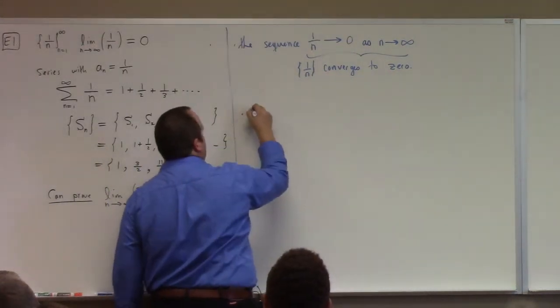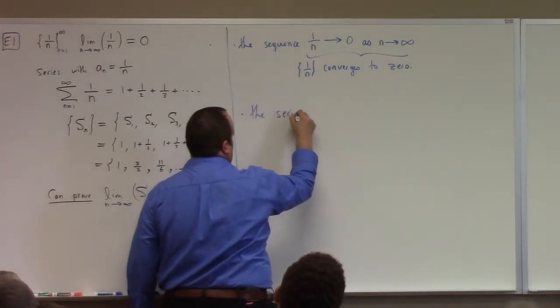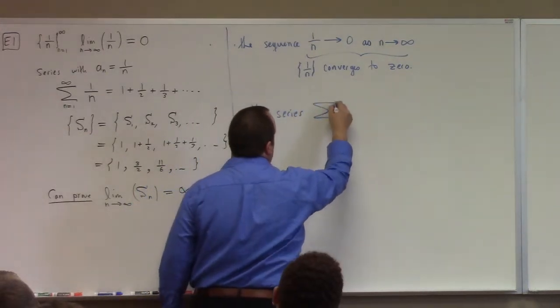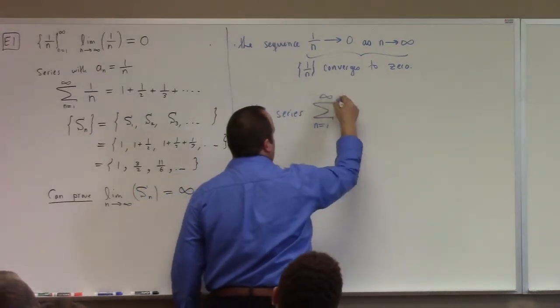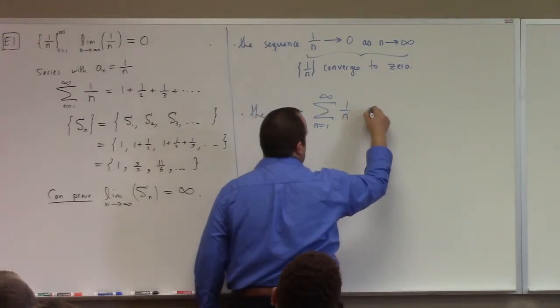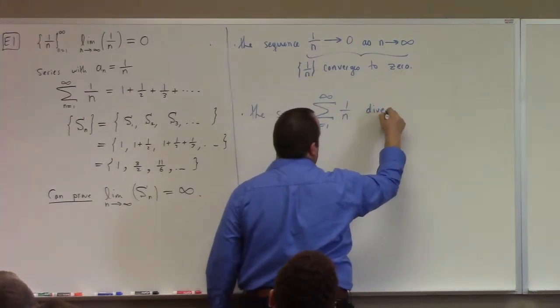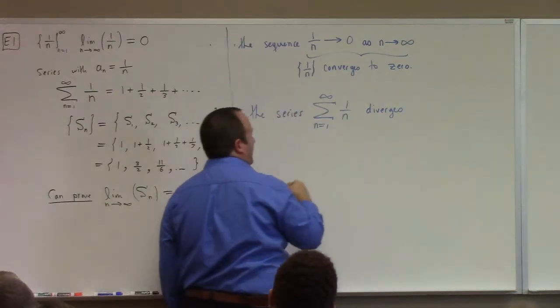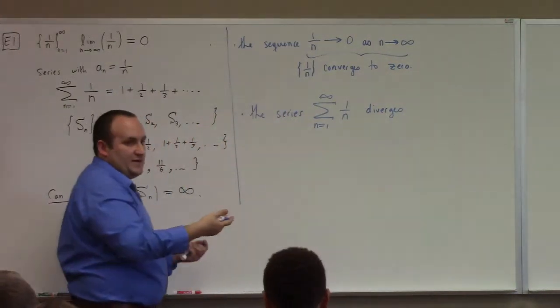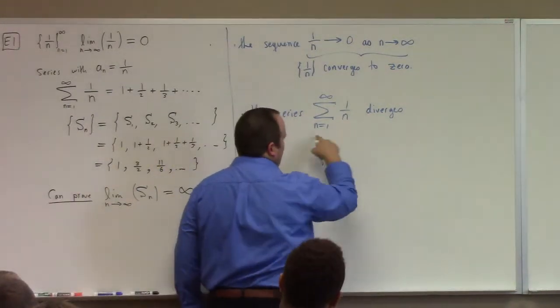The series sum n equals 1 to infinity of 1 over n diverges. It doesn't mean this is a sequence.